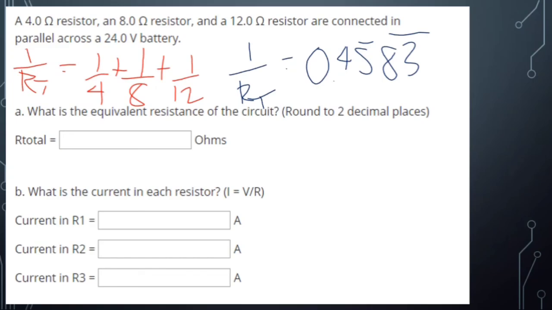So remember, this is 1 over RT. So to flip this, you're going to do 1 over that number, or you can put it to the negative 1. Which gives me 2.18.